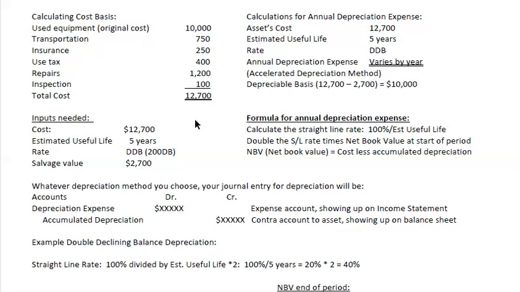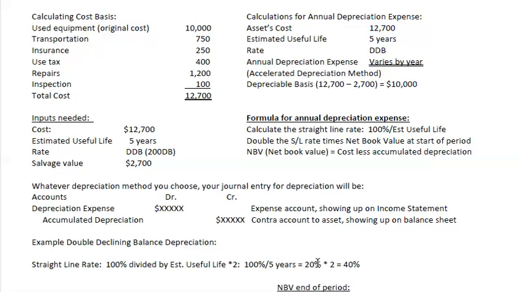You take 100% divided by the useful life, get that percentage, and double it. Use that double declining rate times your undepreciated amount, the net book value. Every year you take 40% of it until you reach the total depreciation expense for this asset.